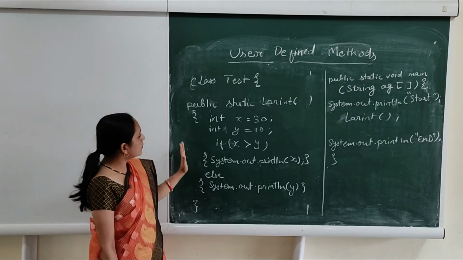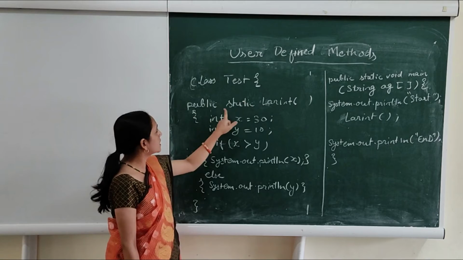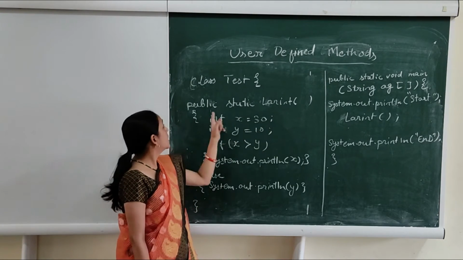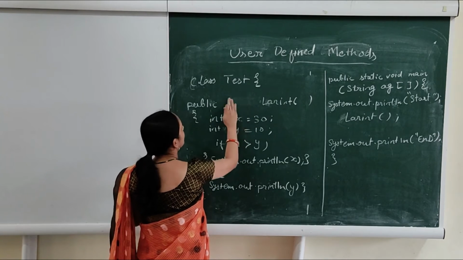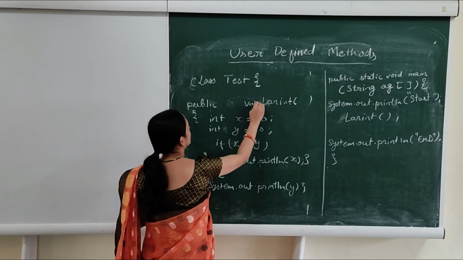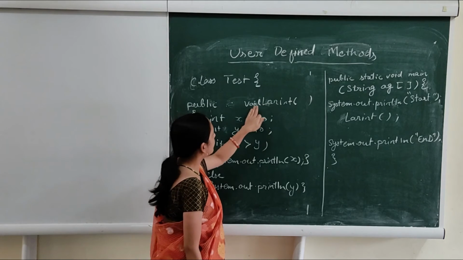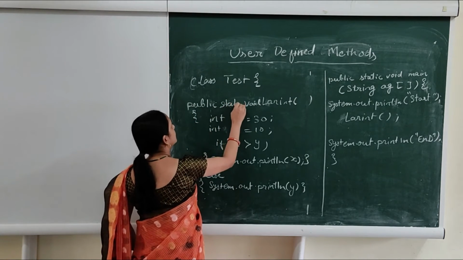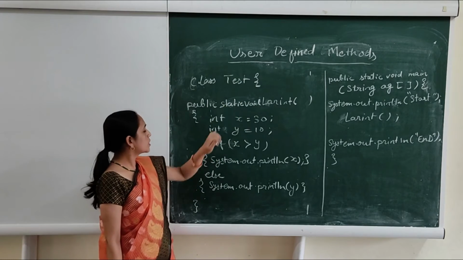Let's see what is happening in this. We have created the class Test, and inside it I have defined one function named larint. It is not returning any value, so we write void first because the return type is null. When any function is not returning any value, you write void. It is also a static method because we don't need to create an object to call this function.